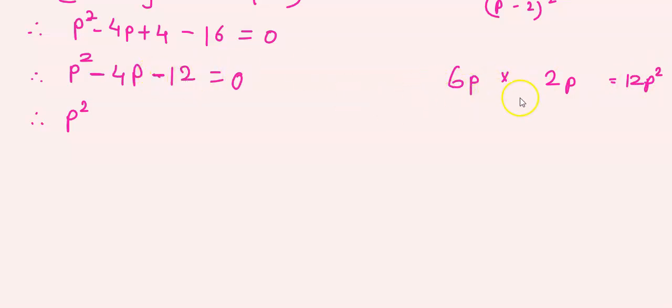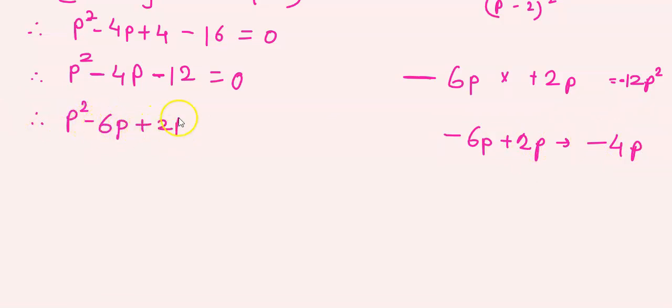So one of the terms has to have a minus sign. We have to see the middle term, which is negative. That means the greater number should be negative and the other number positive. So we get −12p², and −6p + 2p is −4p.